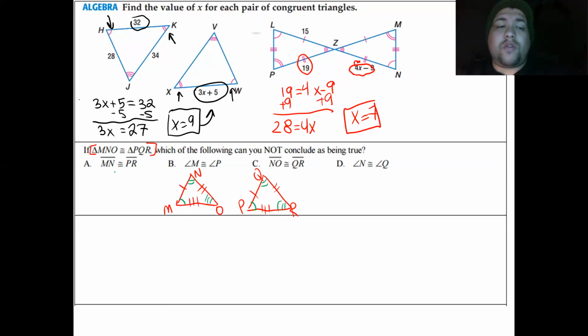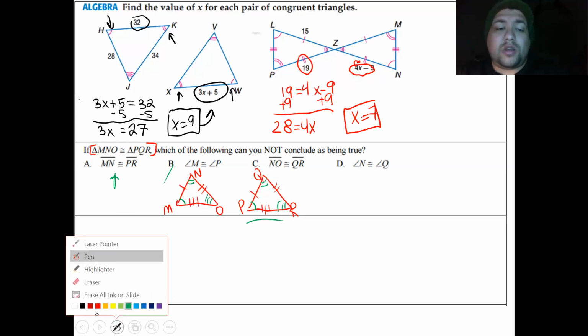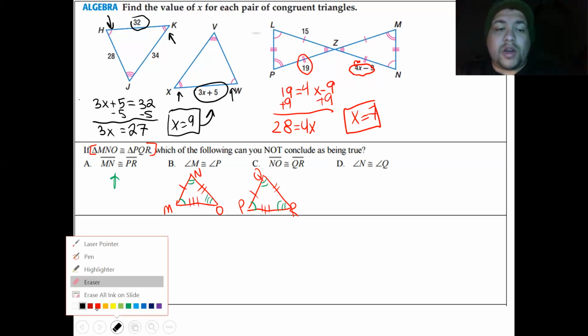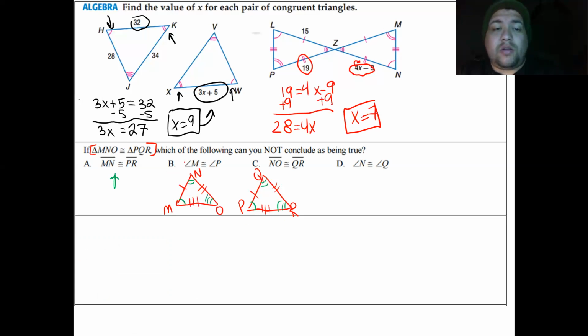Looking at the first one, MN and PR are definitely not congruent to each other, so that's a bad version of that. Let's look at angle M and angle P. That one does work out, so we're happy with that.